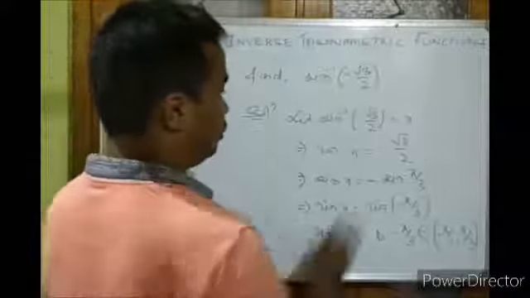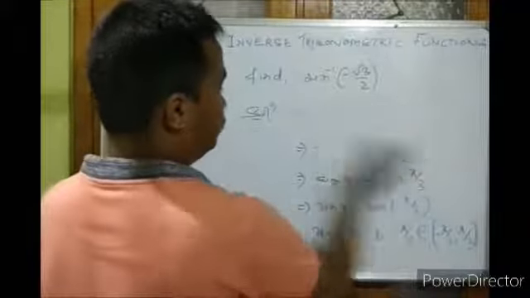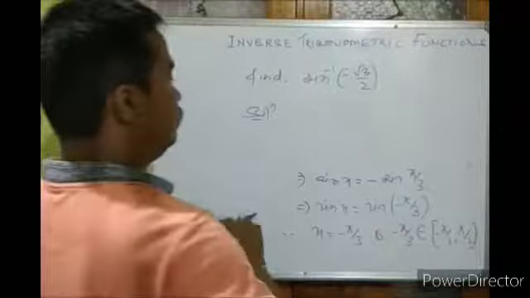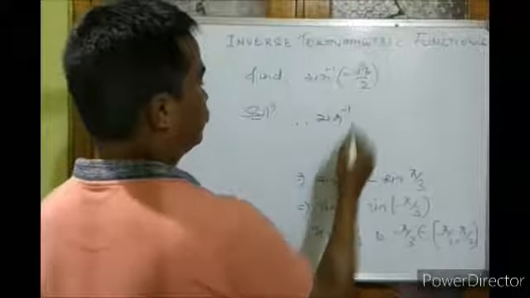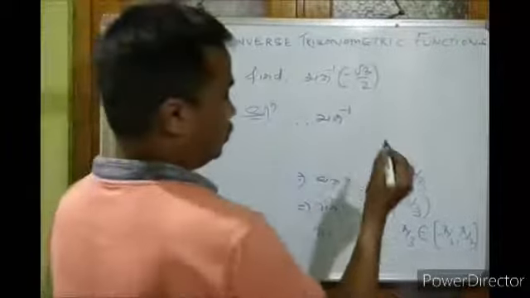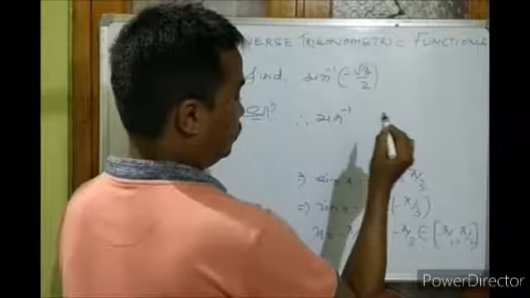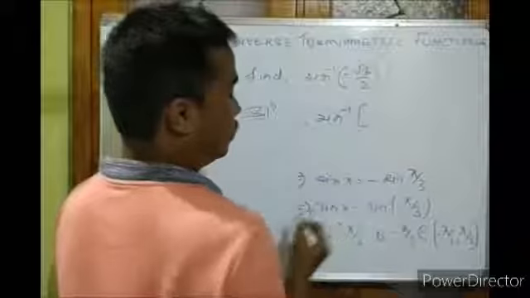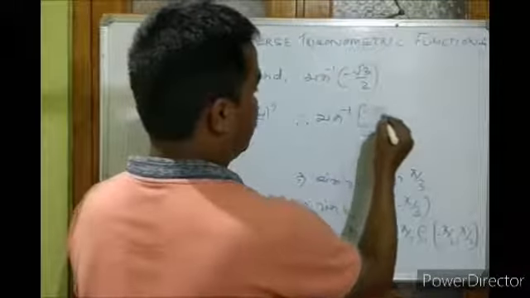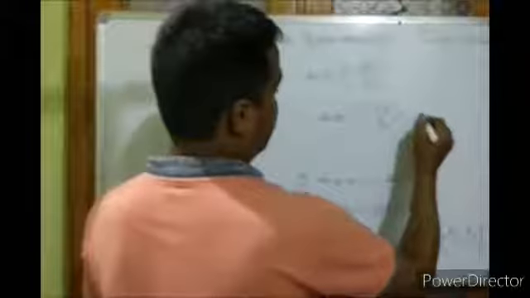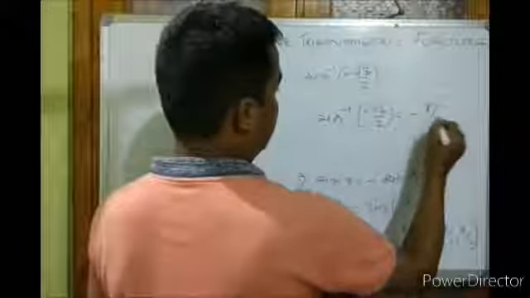Therefore sine inverse minus root 3 by 2 is equal to minus pi by 3.